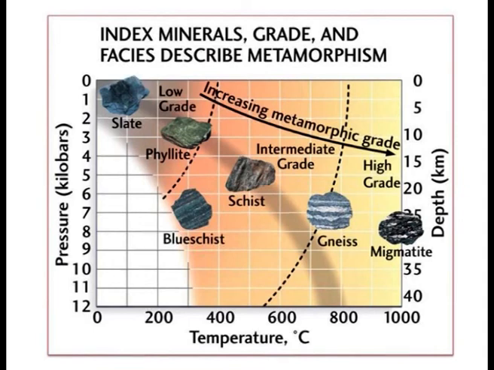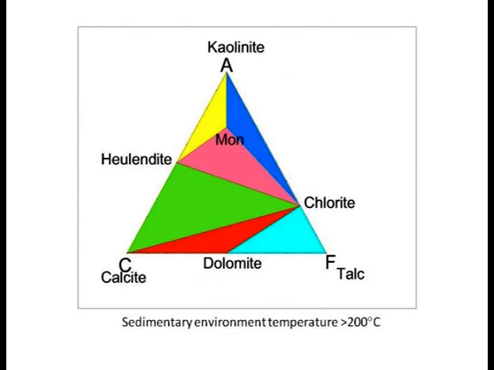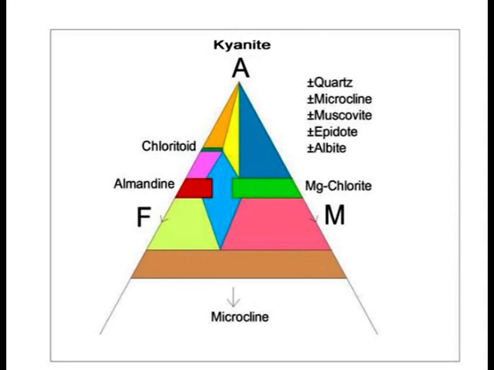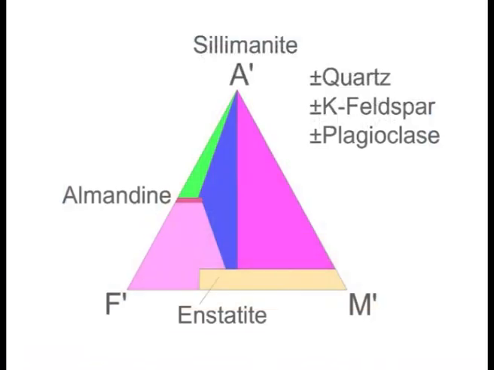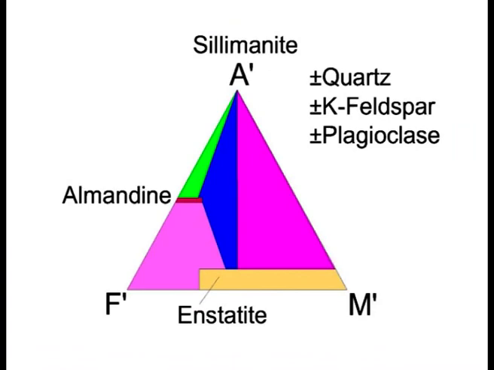With the help of ACF mainly for the zeolite facies and AFM for greenschist, amphibolite and granulite facies rocks, we can observe mainly in the apex, that is the A corner, the kaolinite changes into pyrophyllite, pyrophyllite changes into kyanite and lastly the kyanite changes into sillimanite.